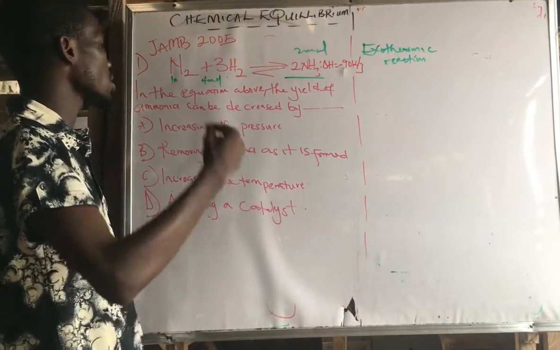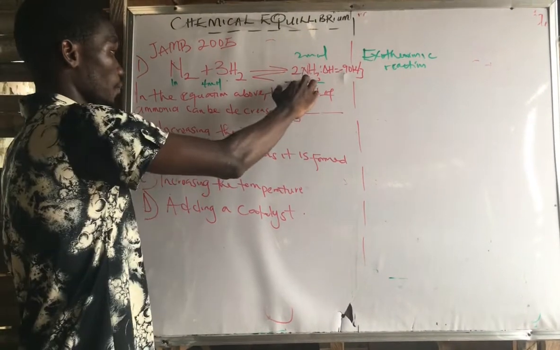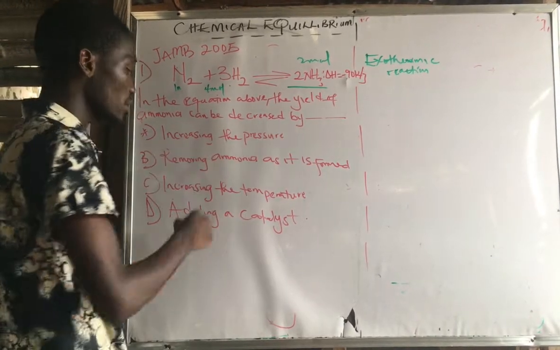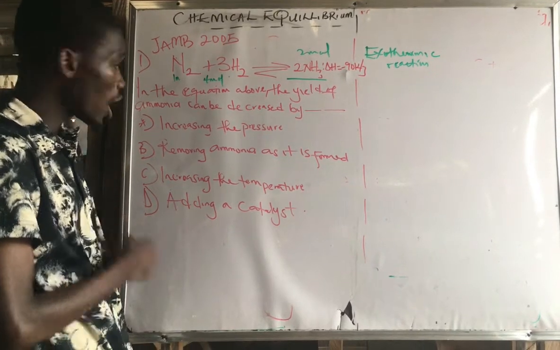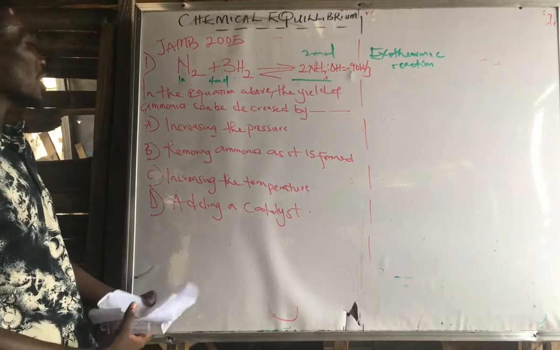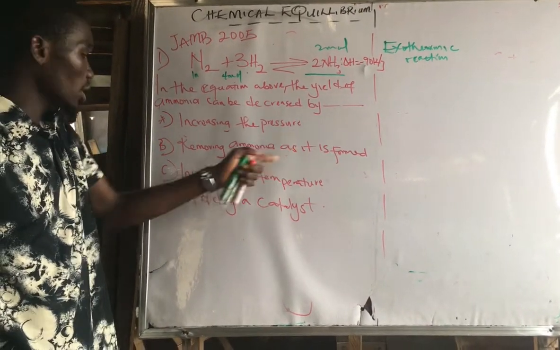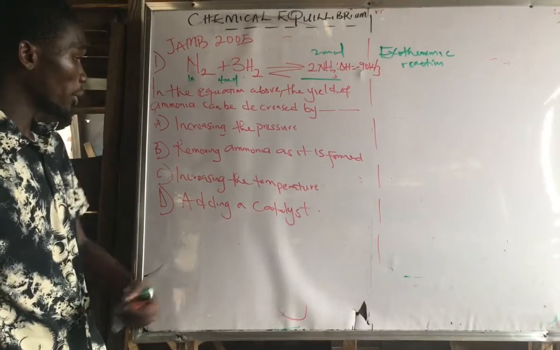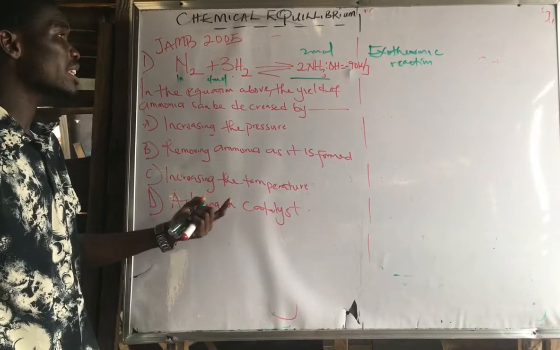If there is a decrease in ammonia here by increasing the temperature or increasing the pressure, so now my question is, if I'm picking the increase in pressure, why am I not picking increasing the temperature? A question like this is very, very technical.